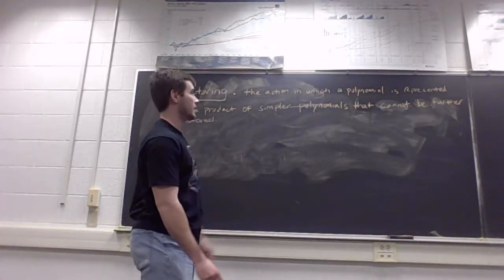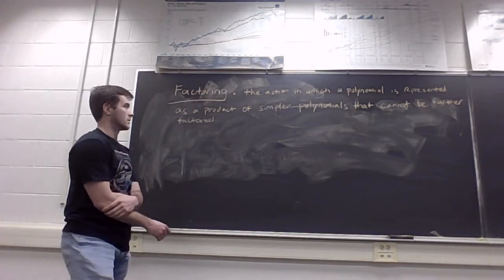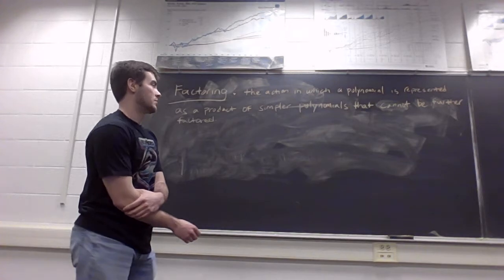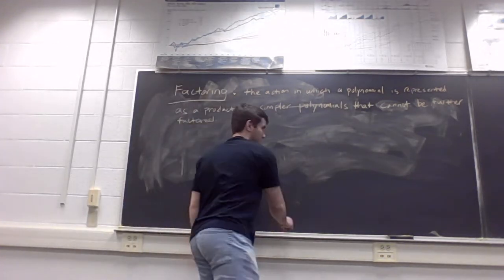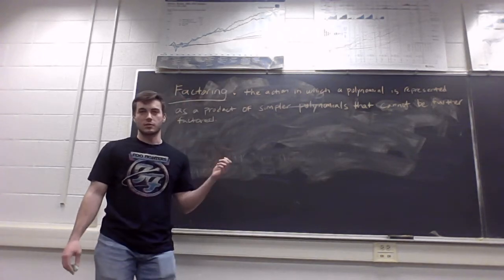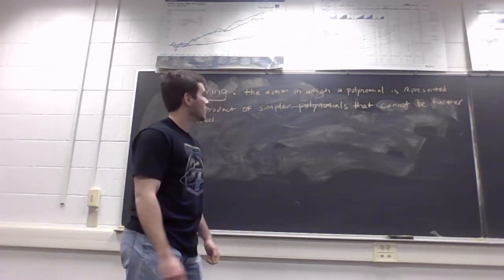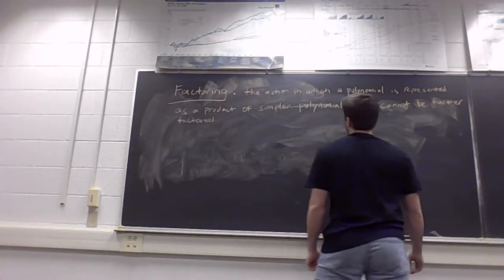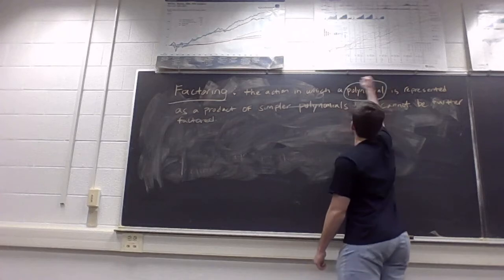So we define factoring as the action in which a polynomial is represented as a product of simpler polynomials that cannot be further factored. So we're first going to identify the key components or key attributes of our definition, kind of pick it apart. In our definition we see that polynomial seems to be a pretty key factor.